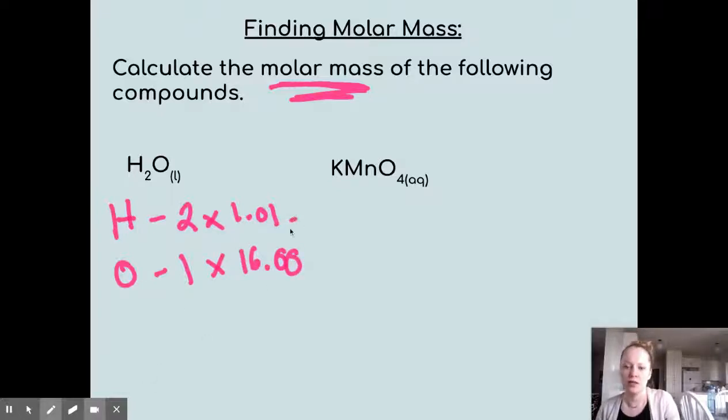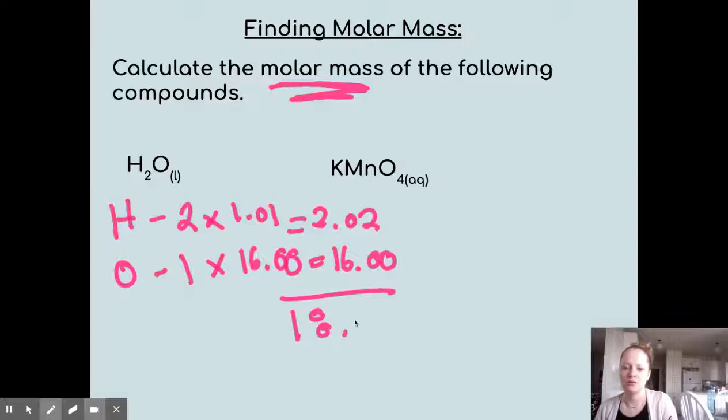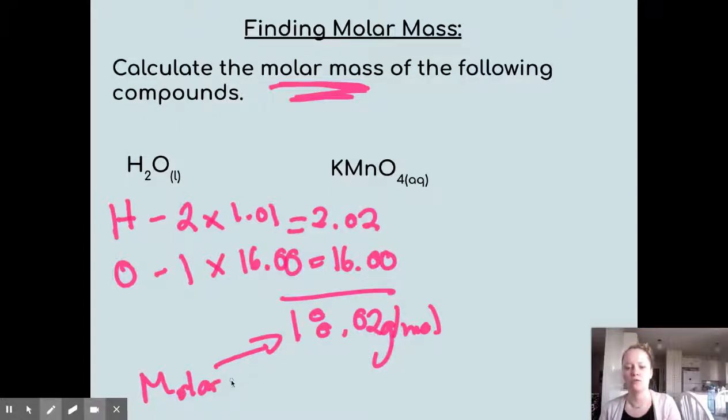I would multiply. 2 times 1.01 is 2.02. I don't have any multiplication to do for oxygen because I'm just multiplying by 1 here, for a total of 18.02 grams per mole. That, my friends, is the molar mass of water. And this is a common one to the point where people usually end up memorizing it just because we use it so much, especially when it comes to physics calculations with heat capacity.